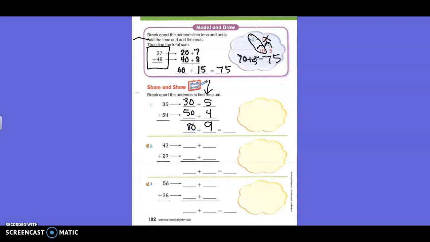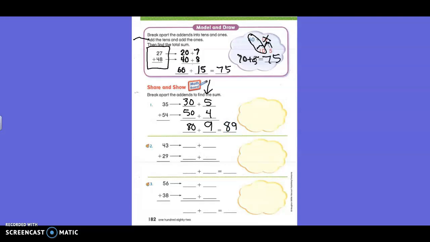Now, do we need to break apart this to make the new number? No, because this number right here is not a tens. It's just a ones number. So what's 80 plus 9, everyone? 89. So write the answer. You don't have to use the thought bubble that time.